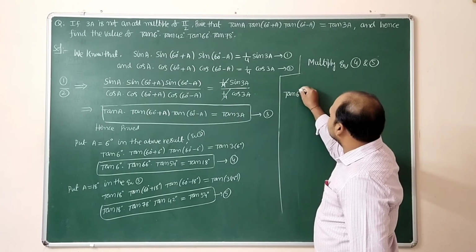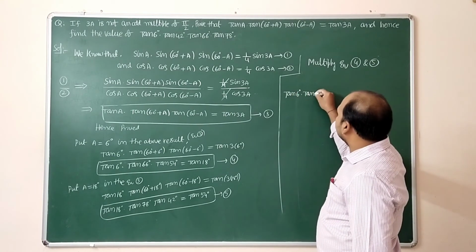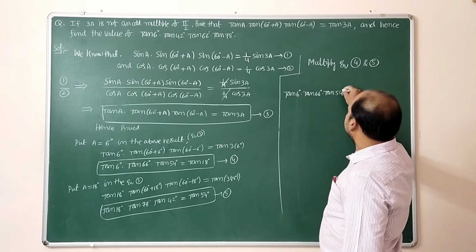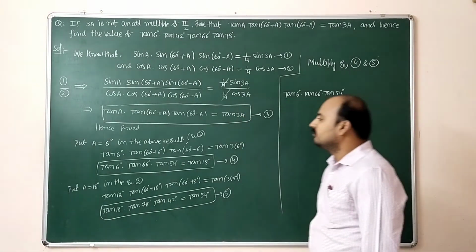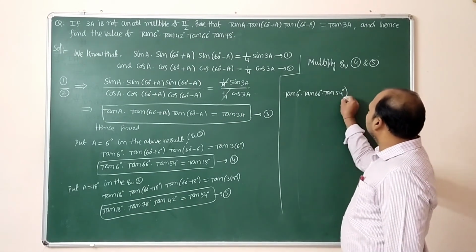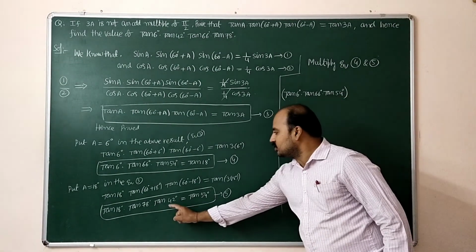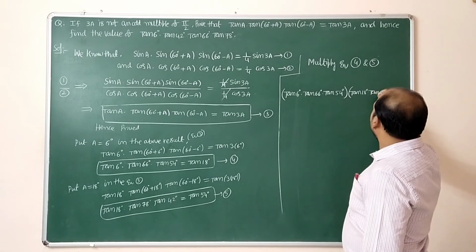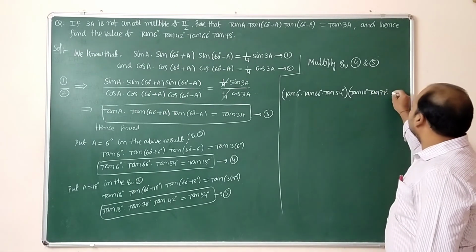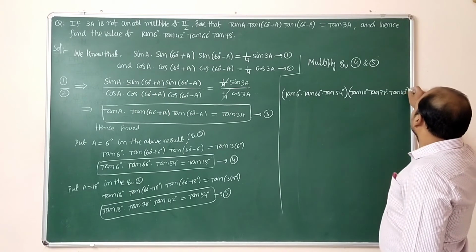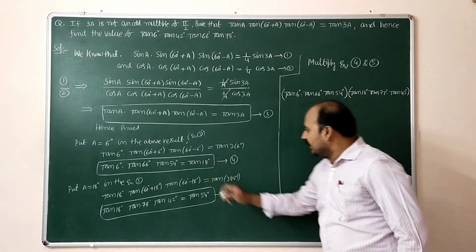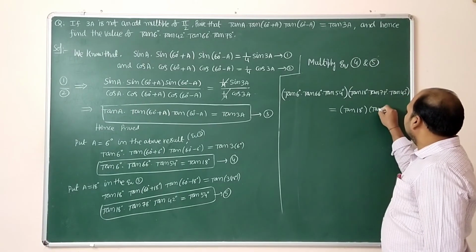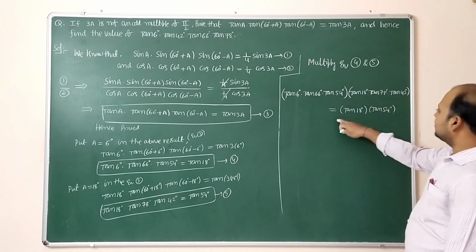Tan 6 degrees into tan 66 degrees into tan 54 degrees, this side multiply, next into this value also, tan 18, tan 78 into tan 42 is equal to, this side we are multiplying, tan 18 into tan 54. This is LHS, this is RHS.